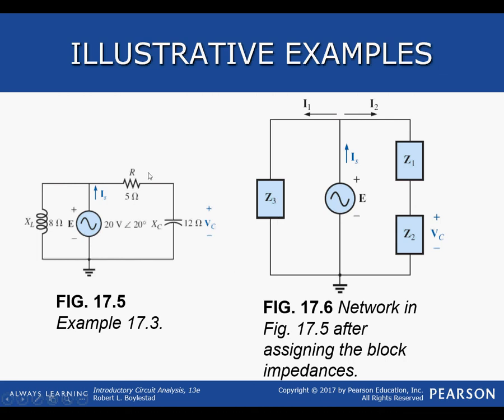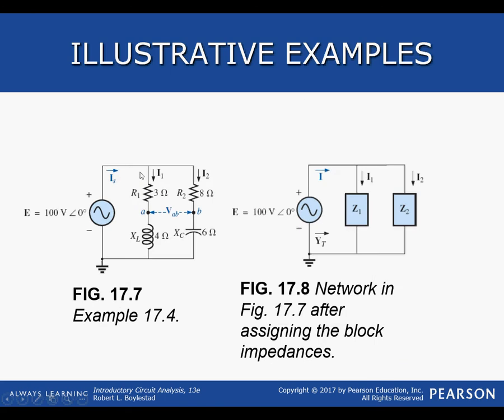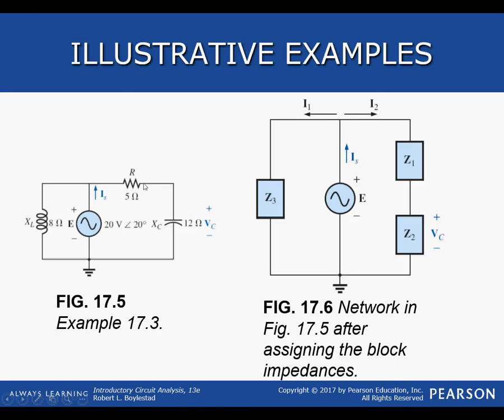And then they called Z1 the impedance of the resistor, and Z2 is the impedance of the capacitor. So from this example, you could add these two together because they're in series, and then the total impedance of these two is in parallel with Z3, which is also in parallel with the voltage source.